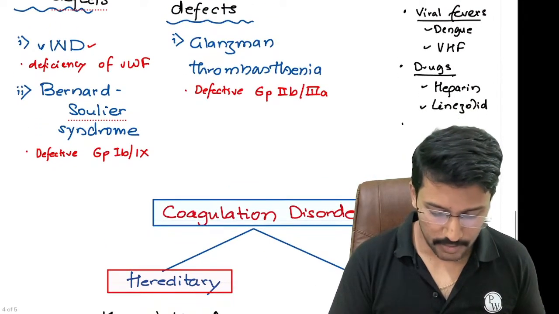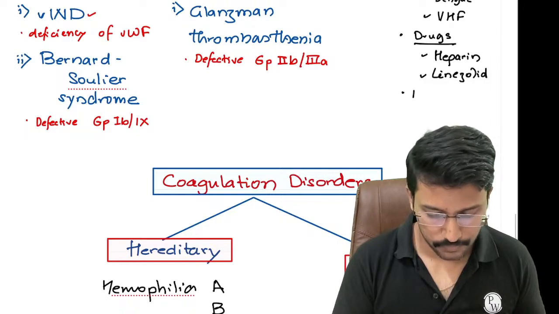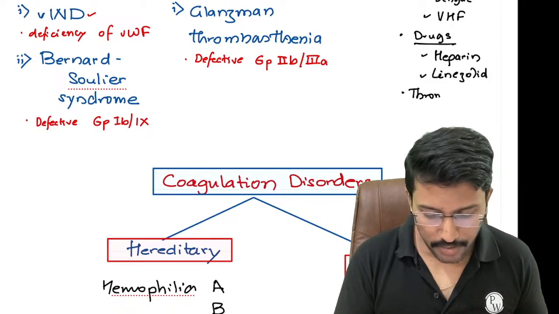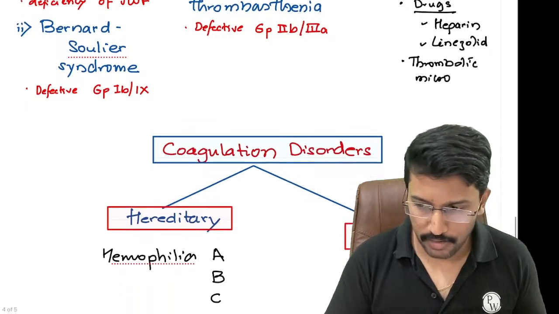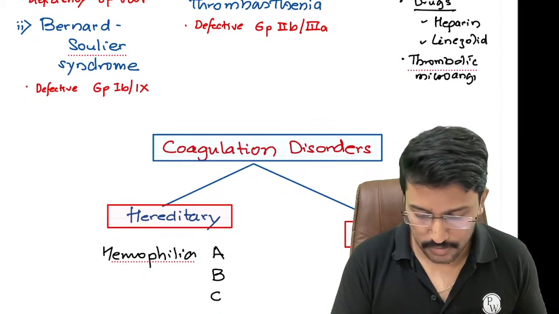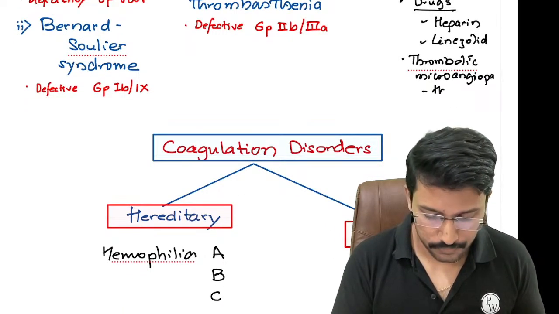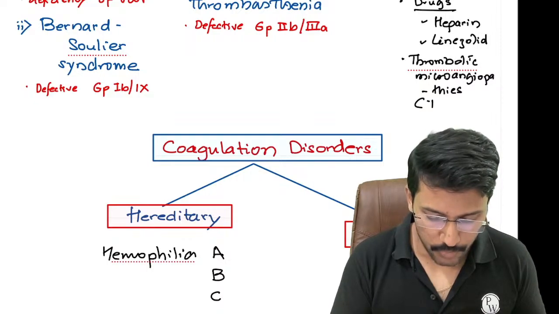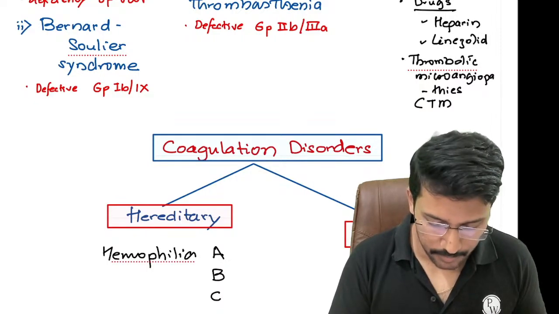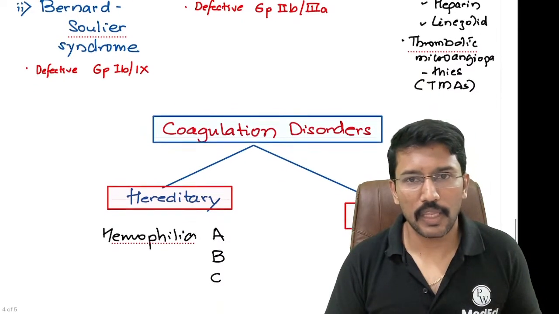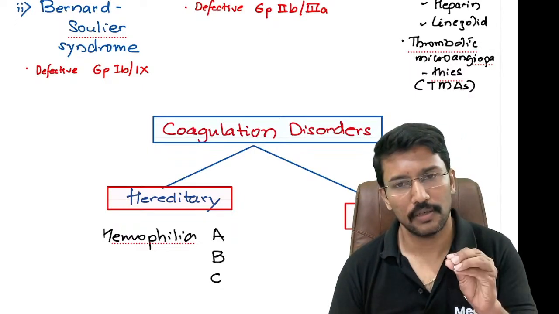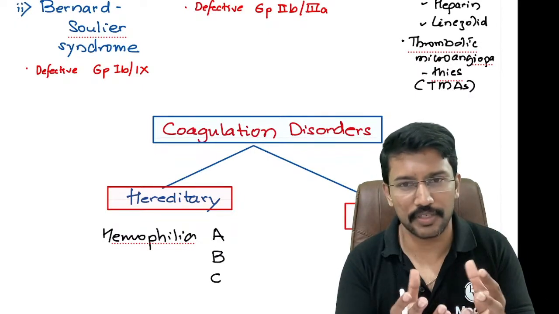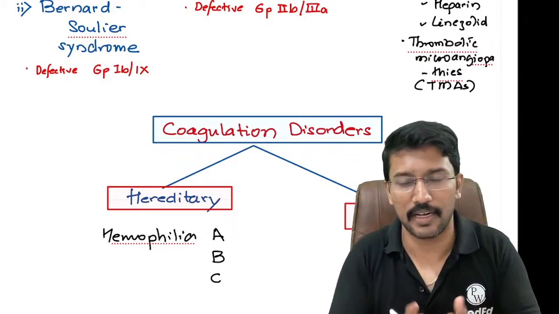So drugs. Then there is another condition called thrombotic microangiopathies, also abbreviated as TMAs. What does that refer to? These are conditions where clots first form in the blood vessel because the whole coagulation cascade and platelet plug formation is activated.